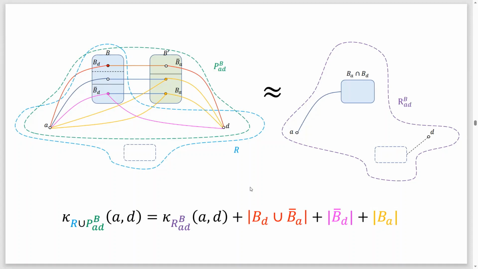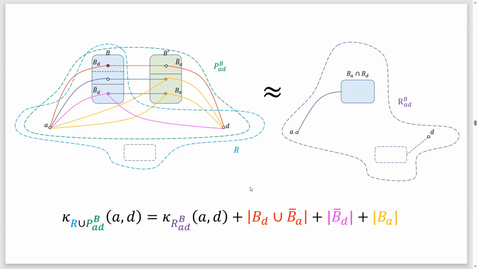Okay, so we can see that the remaining white ones are just in B, which is in this set BA cap BD, and also in B prime, that is in BA bar. But we know that the nodes in BA bar in the part B prime are not important because they are only connected to D in the rest graph, and we can ignore them.